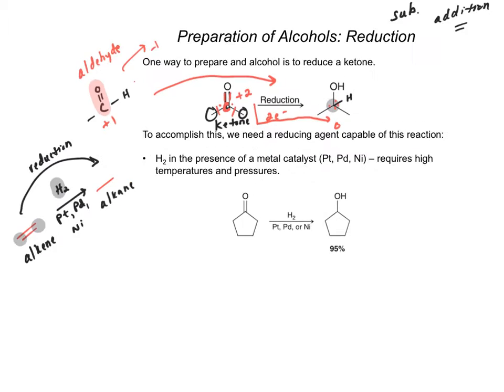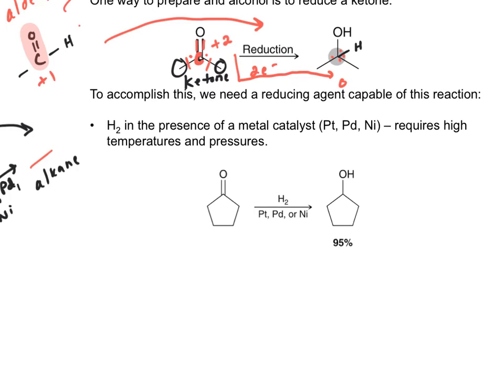We're also going to find the exact same thing for our reduction of a ketone or an aldehyde to an alcohol. So this reaction also works for our ketone to alcohol reaction. The reagents here are going to be hydrogen, again in the presence of some sort of catalytic metal like platinum or palladium or nickel.